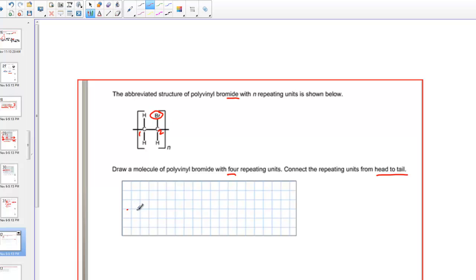So let's begin by drawing our first monomer, in which we would have 2 hydrogens on carbon number 1, and we'll have a bromine and hydrogen at carbon number 2. So let's just remind ourselves, we're calling the first carbon 1 and the second carbon 2. I have to draw in 4 repeating units, so I'm going to zip my backbone there.